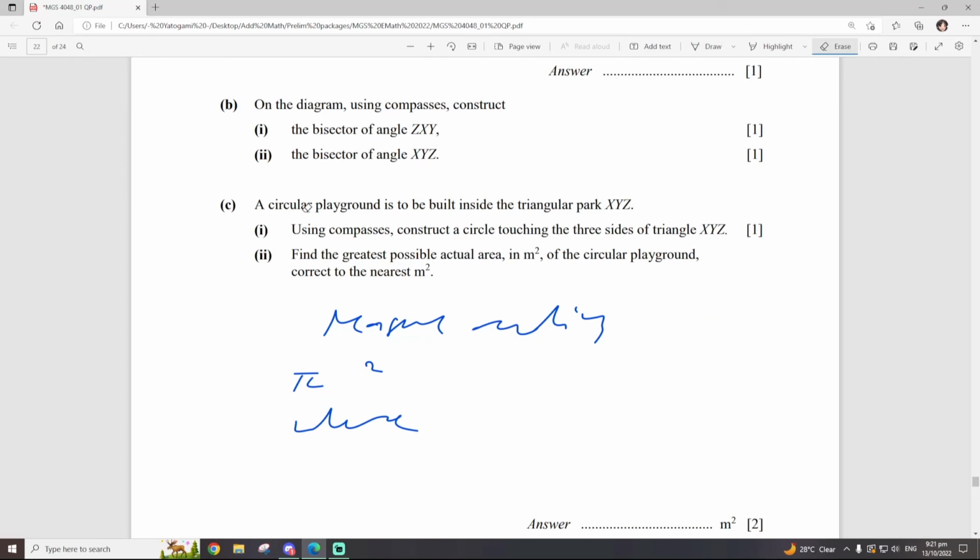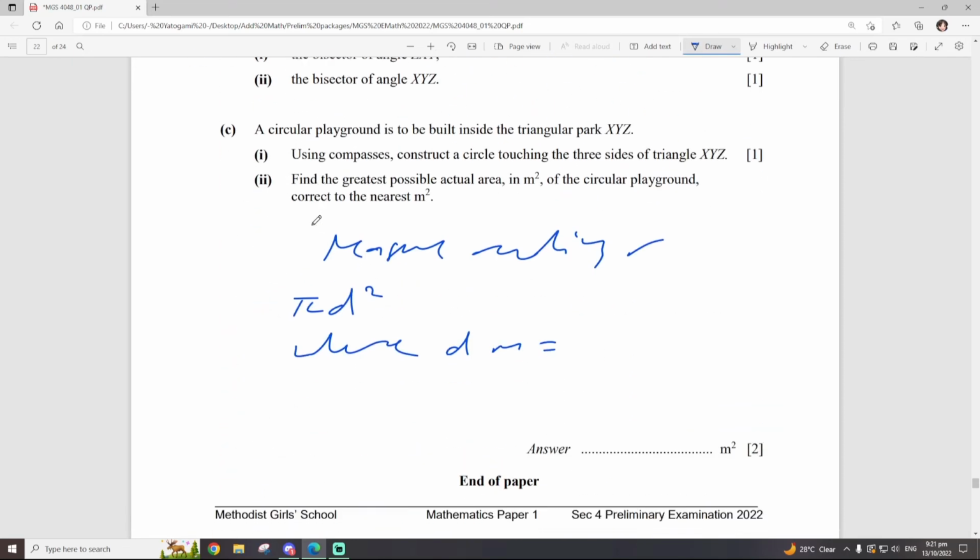Actually I should use pi d squared, where d in meters is 50 times the radius, since 1 cm is 50 meters.